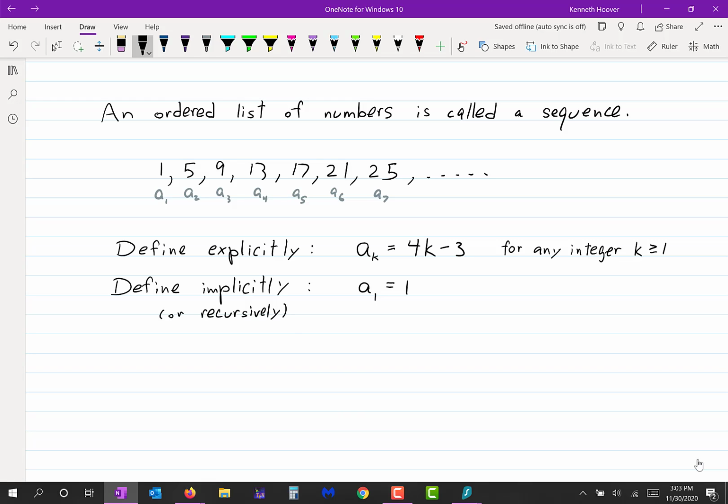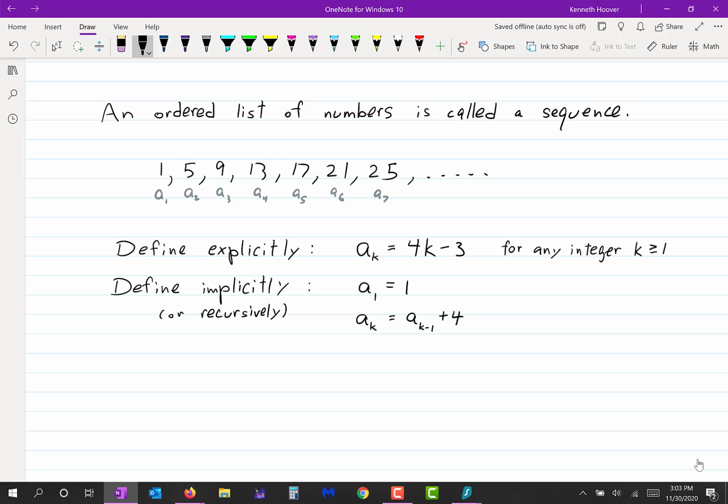Okay? So I would say the sequence starts with a 1, and then to find out any term, so I write a sub k, I tell you what to do to the previous term. So in this case, I would write a sub k equals a sub k minus 1, which means the term right before, plus 4.